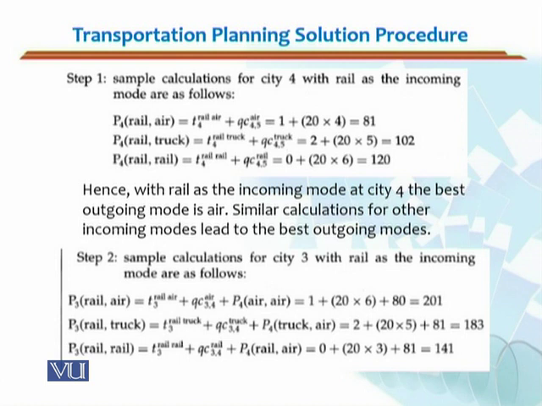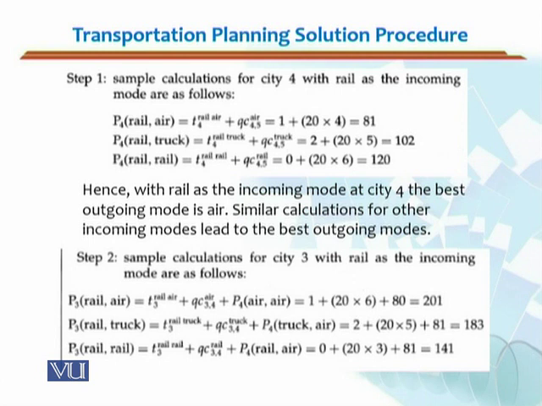You should know how to develop this recursive equation. The cost would be 1 plus total quantity, which is 20, times the transportation cost. The transfer cost is the first part, that is T4 rail air. So the cost comes out to be 81.